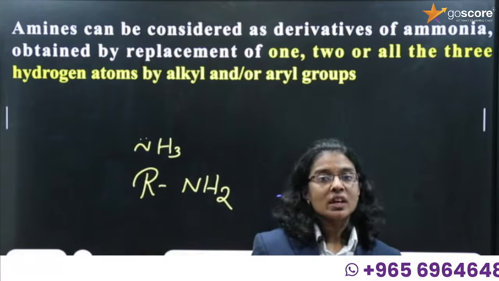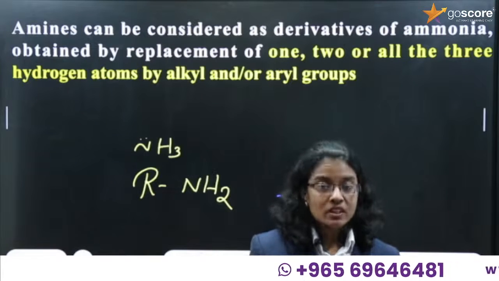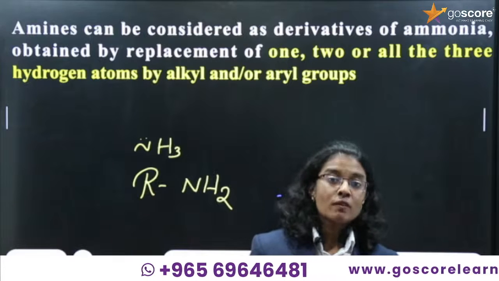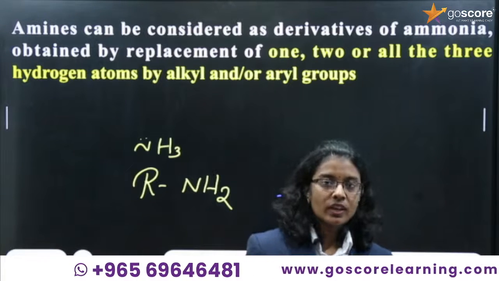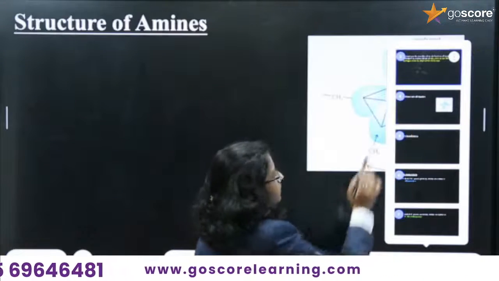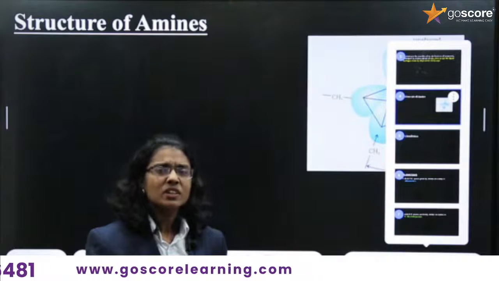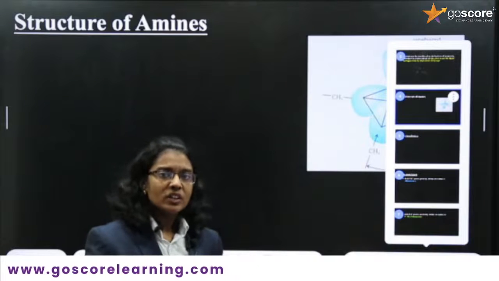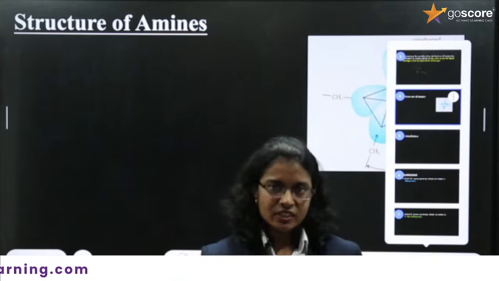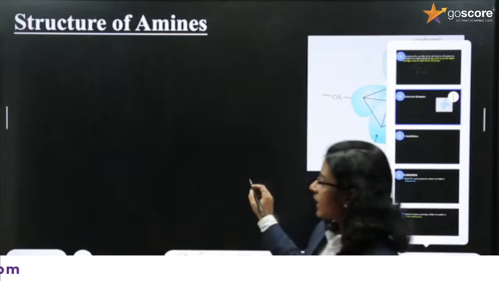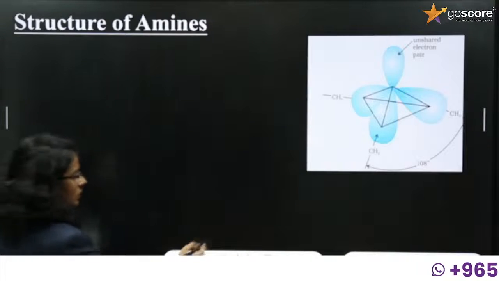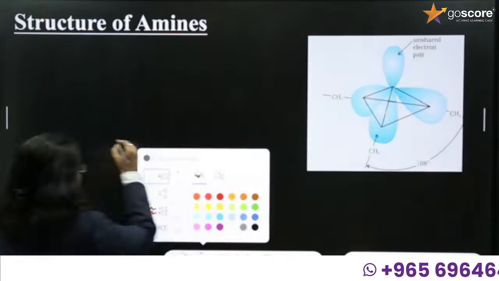In this chapter, we are studying what amines are, their preparation, and their physical and chemical properties. Then we discuss the structure of amine. We already discussed that amines are derivatives of ammonia, so like ammonia, it is trivalent.